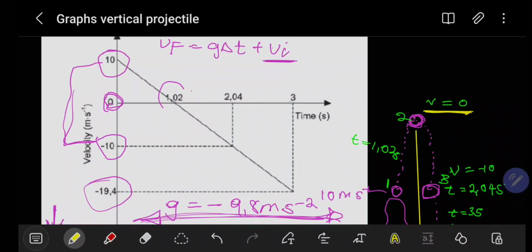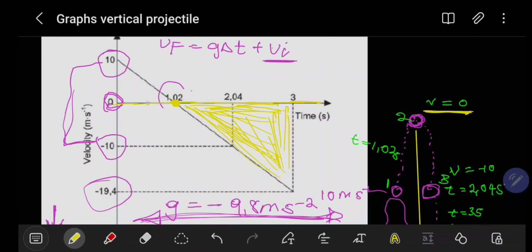The velocity is 0 on this line here, where the graph cuts. Our graph cuts at 0 at this point, at time 1.02. So we have to calculate the area of this shaded shape here in order for us to get the correct answer.